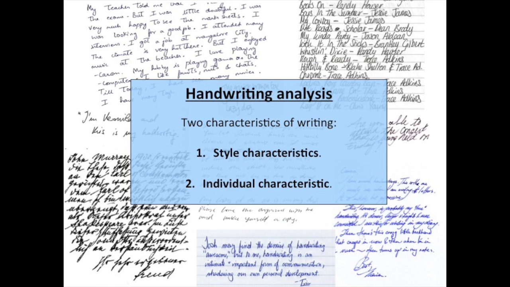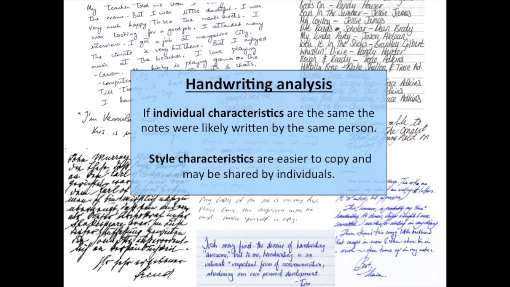As a result, each person has two kinds of characteristics that can be observed in their writing. The first is style characteristics, which are those features in a person's writing that can be attributed to the style that they were taught when a teacher trained them to write in school. The second, and more interesting, set of characteristics can be referred to as individual characteristics, which are those features of handwriting that are unique to the individual and distinguish their handwriting from anyone else's.